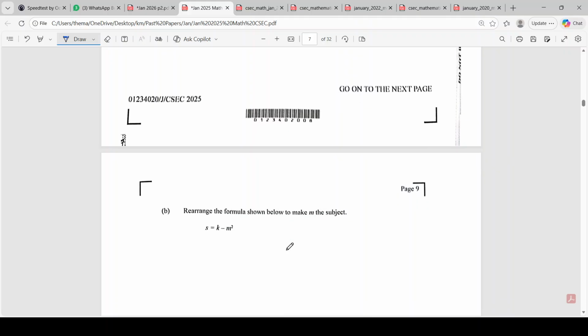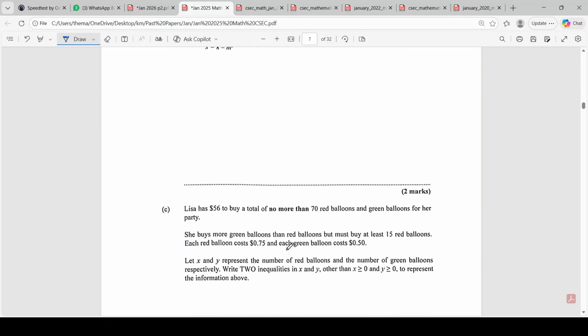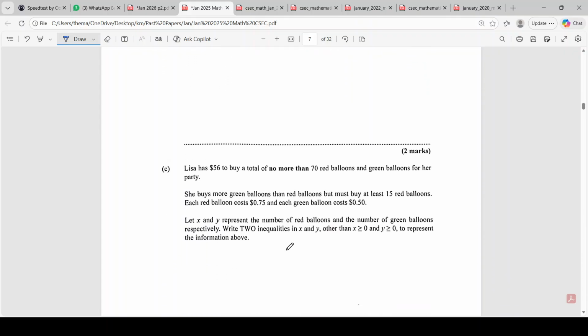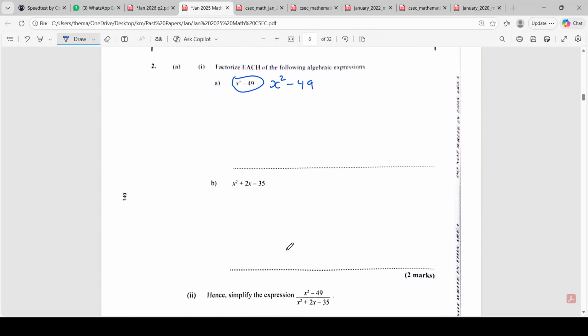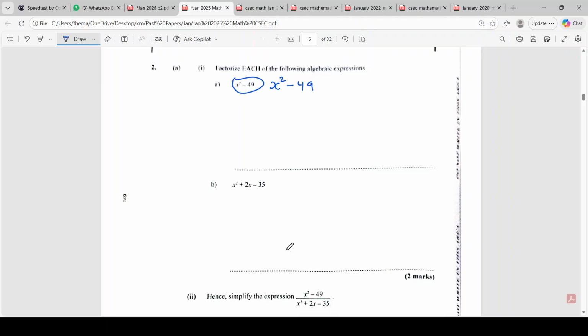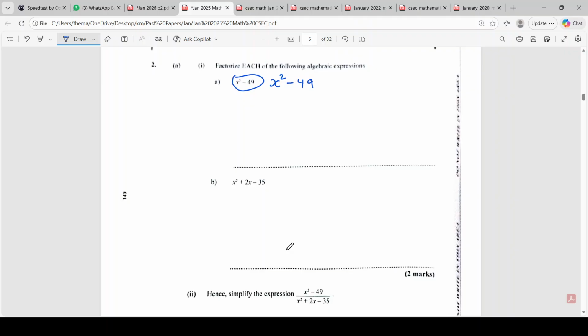Part B, you have to do making M the subject, and part C, we have to come up with some inequalities. So I've given all of you 10 minutes. 10 minutes would be sufficient to do this question. Now it's 5:04, so I'll correct it at 5:14.